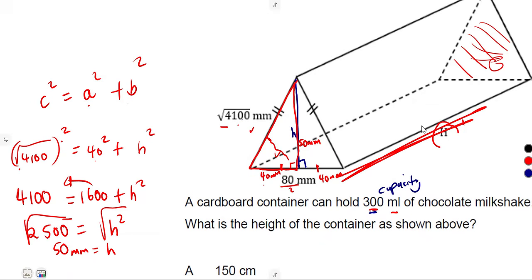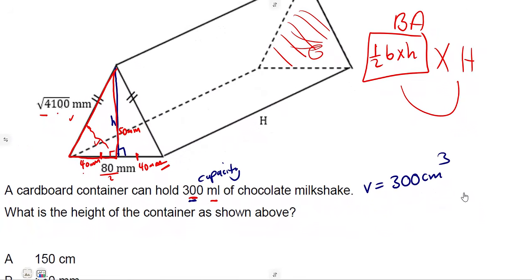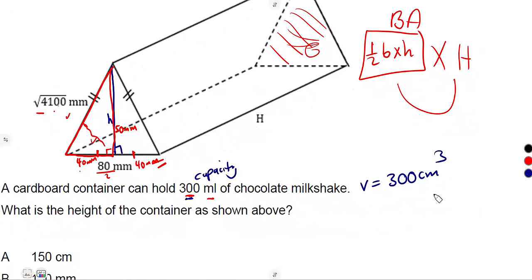To find this height of the shape which is separating the two triangles, we must consider the volume. That's where our volume now plays a role, the volume concept. Volume here, it's what? Base area, which is half of, okay, the units, guys, as the volume is in cubic centimeters, convert these to centimeters now.